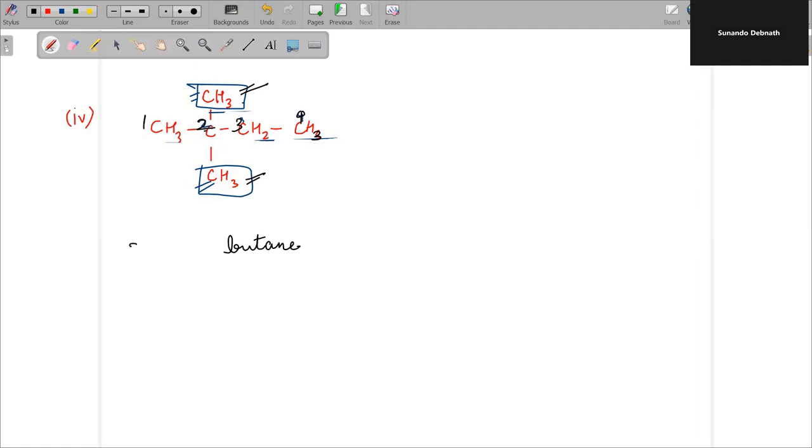So 2, the other methyl group is also 2. And there are 2 methyls, right? So we will use the word dimethyl. Just the way we had dichloro, here we have dimethyl. If there was one methyl, it would be only methyl; here there are 2 methyls, so dimethyl, and both methyls are connected to 2, so we write 2,2.